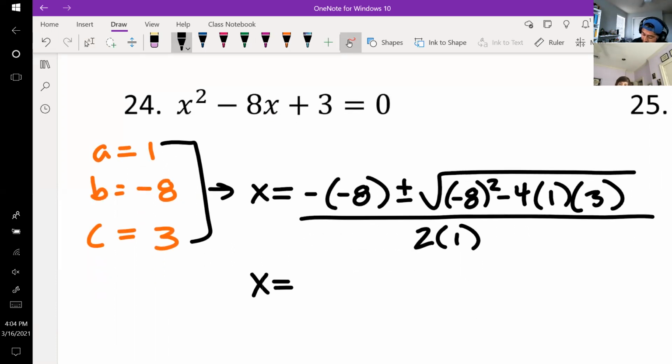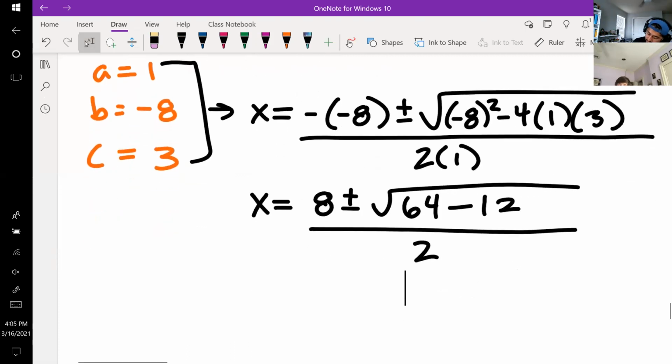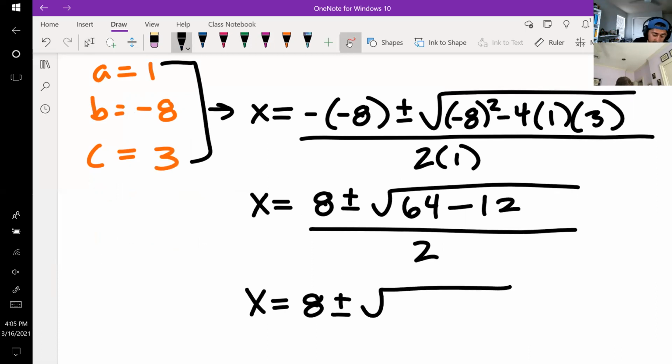And then here you'll get x equals positive 8 plus or minus the square root of 64. And negative 4 times 1 times 3 is negative 12, all over 2. All right. And then you'll get x equals 8 plus or minus the square root of 64 minus 12. That is 52, all over 2.